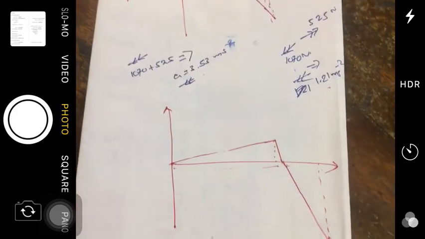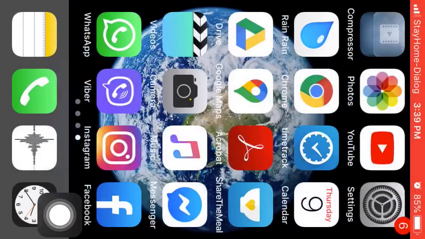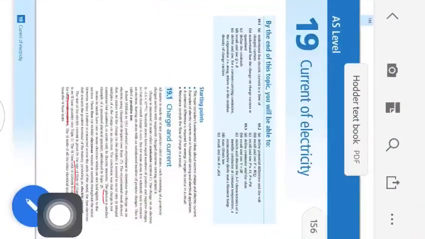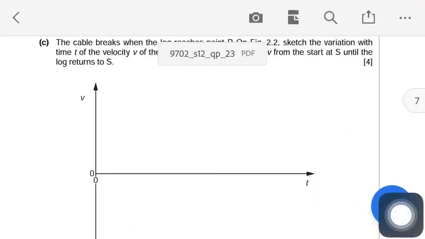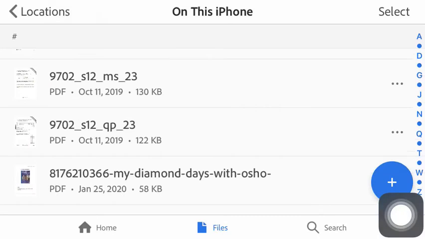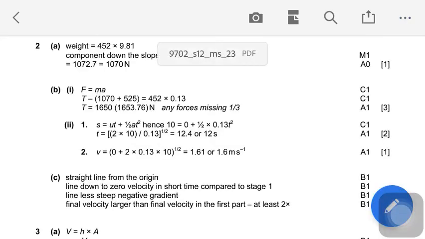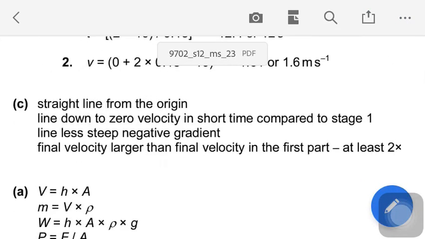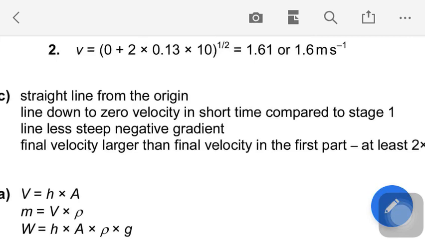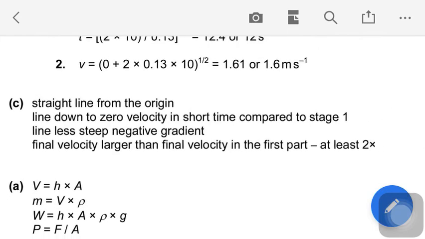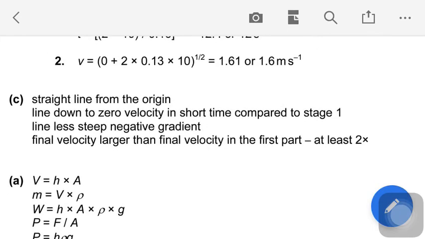So if you look at the mark scheme, those are the points which are considered. The straight line from origin, line down to zero velocity in short time compared to stage 1, line less steep, negative gradient, final velocity larger than the final velocity in the first part.